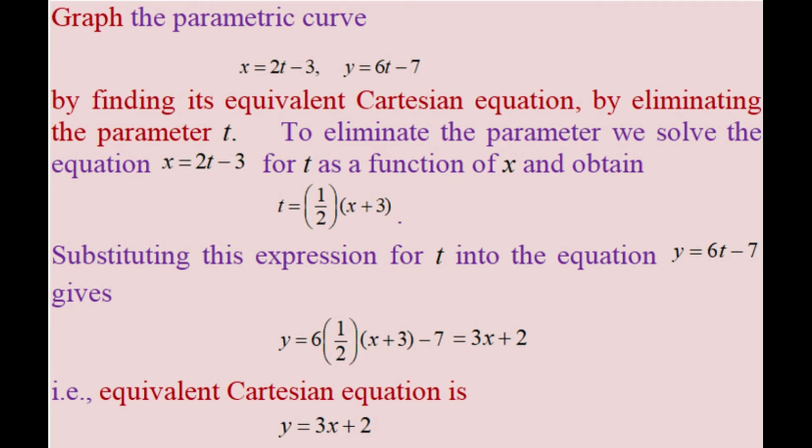To eliminate the parameter, we will solve the equation x is equal to 2t minus 3 for t as a function of x and obtain t is equal to 1/2 (x plus 3). Substituting this expression for t into the equation y is equal to 6t minus 7 gives y is equal to 6 times 1/2 (x plus 3) minus 7, that is y is equal to 3x plus 2.